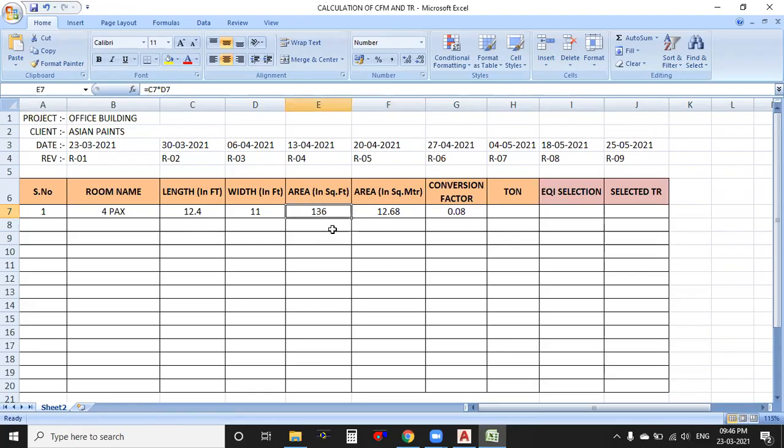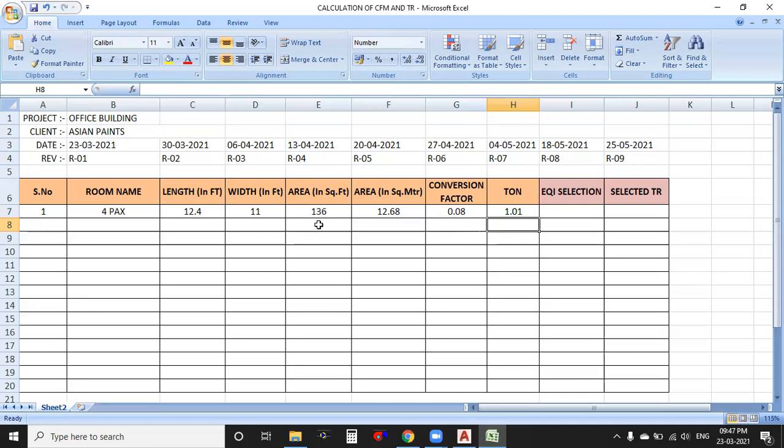So this is the area in square feet, and this is the area in square meters. So ton is equal to square meters into conversion factor. Enter. So how much TR am I getting? 1 TR.